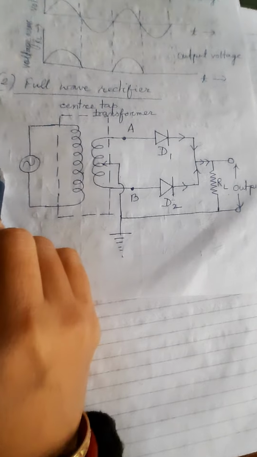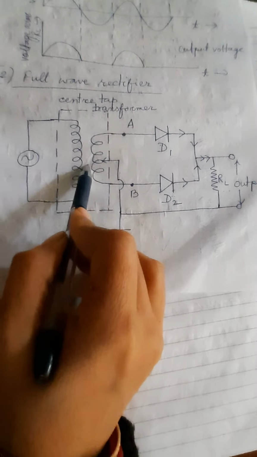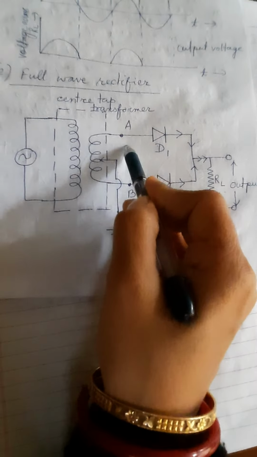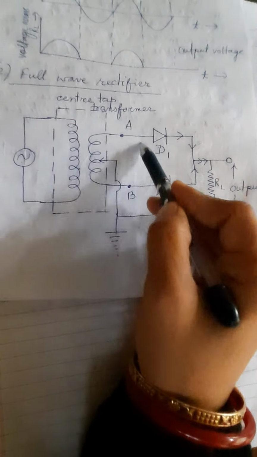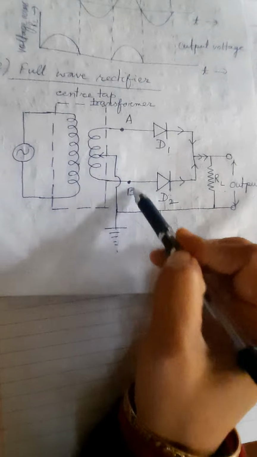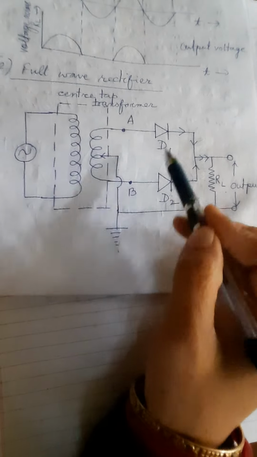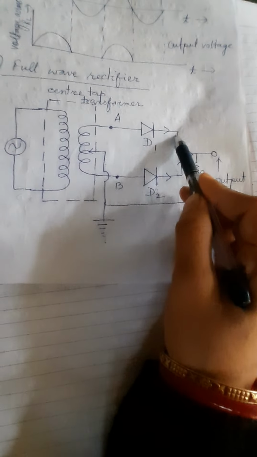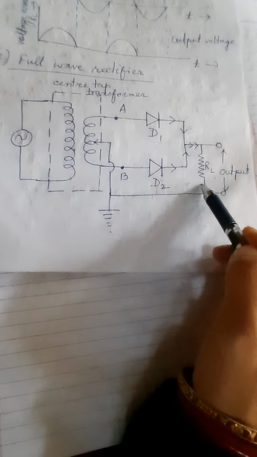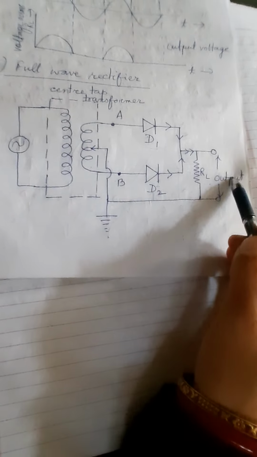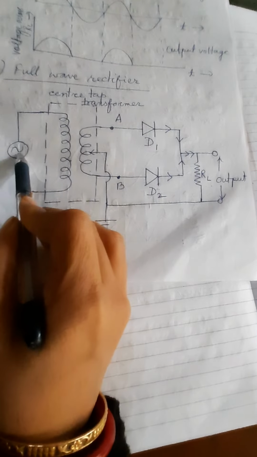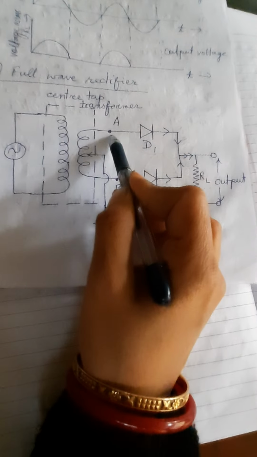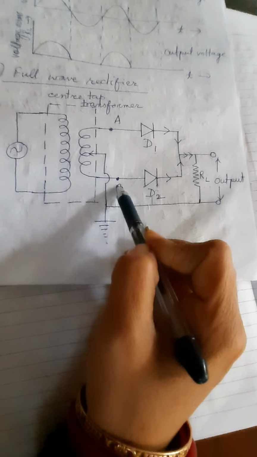For the positive half cycle, due to mutual induction, A is positive, B is negative. If A is positive, D1 becomes forward bias and D2 is reverse bias. So current passes through D1, then through the resistor, and we have the output.